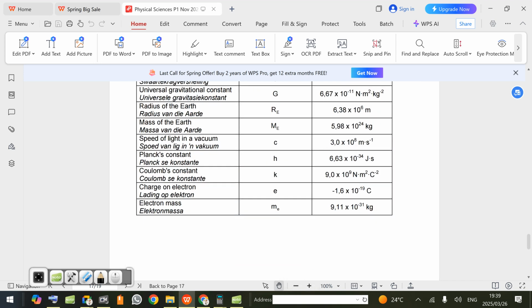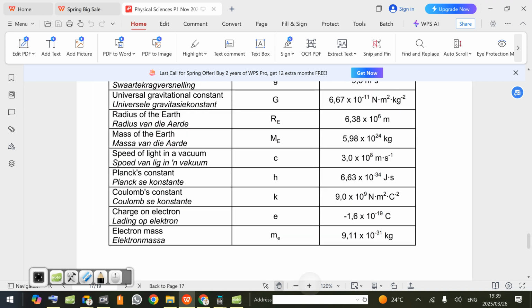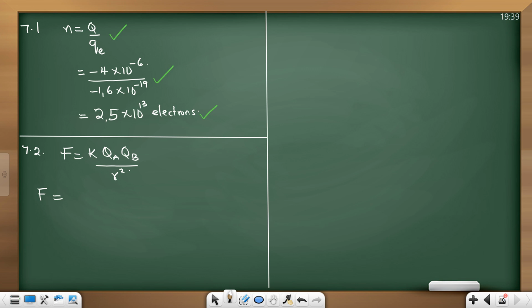Look at the unit: newton meter squared per coulomb squared. But don't worry about the unit for now. Please write down the value of K, and be careful of the exponent: 9 times 10 to the power 9. We move.